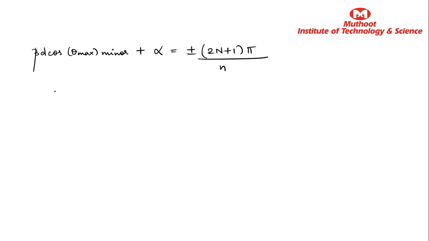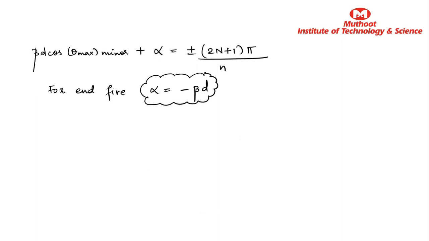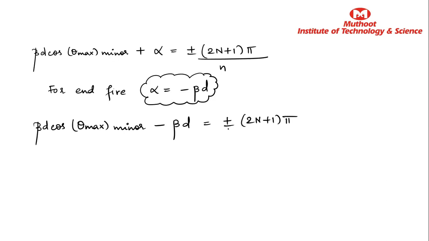Now for end fire, we had found that alpha is minus beta d, right? Now we are putting that in this expression. So beta d cos of theta max of minor minus beta d is equal to plus or minus 2N plus 1 of pi upon n.